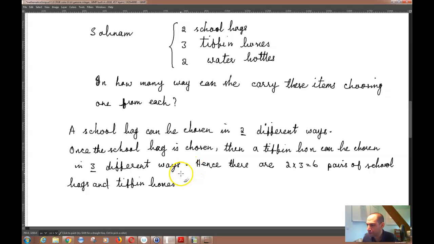Now for each of these pairs, a water bottle can be chosen in 2 different ways.